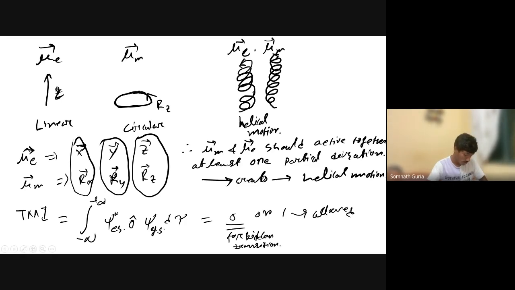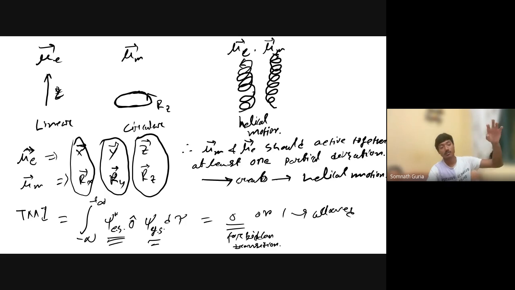Okay, so now in the character table, let's suppose this is the function of orbital, this is also a function of orbital. Now if you look into the character table of the molecules, if you have one point group, they have one molecule.